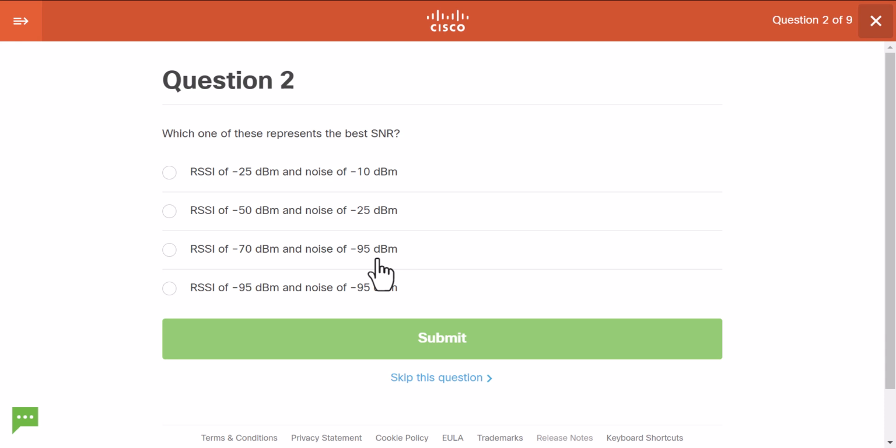As I remember, everything which goes above 20 dBm of SNR is considered good. And the last one, minus 95 minus minus 95 will be 0. So the best signal to noise ratio is provided by this option. Minus 70 plus 95 will be 25 dBm, and this should be the correct answer, I hope.